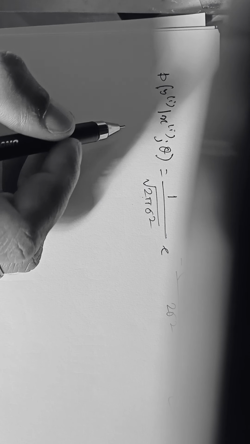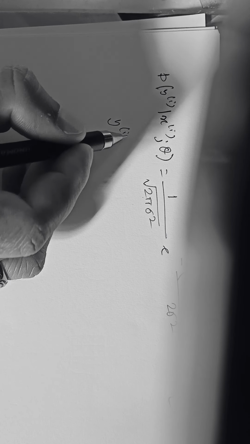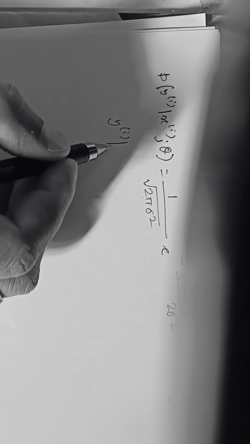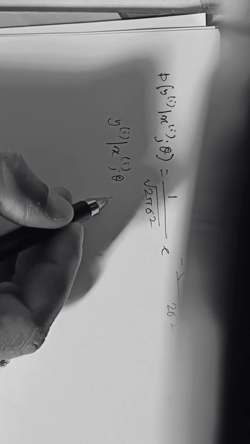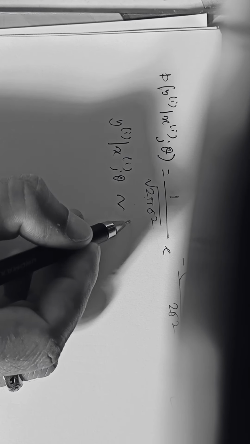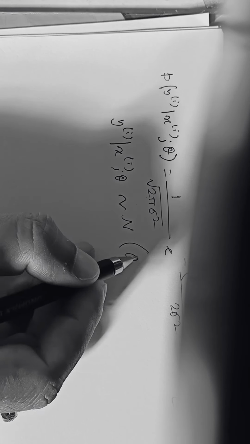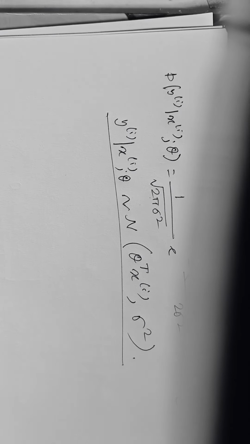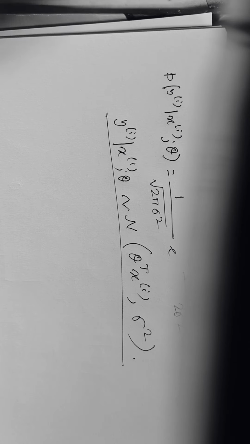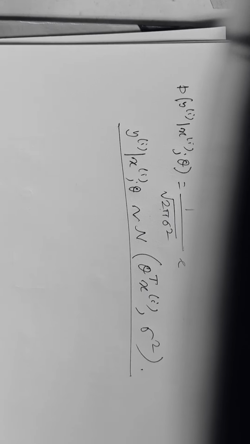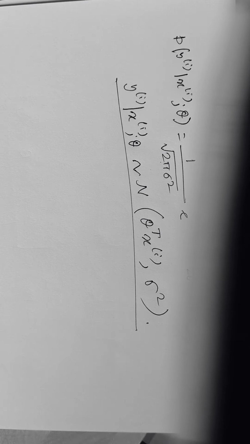From here we can say that y for a given x parameterized on theta belongs to the normal distribution with mean theta transpose x and variance sigma square. Since epsilon follows the normal distribution, y also will follow the normal distribution.